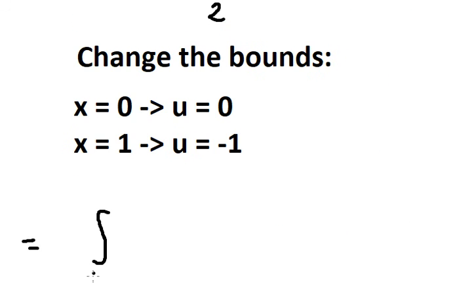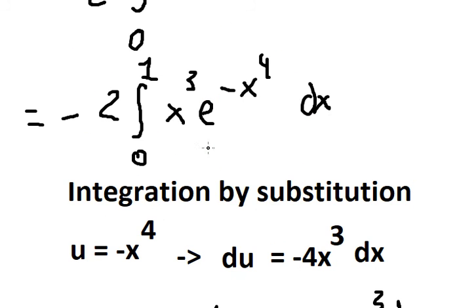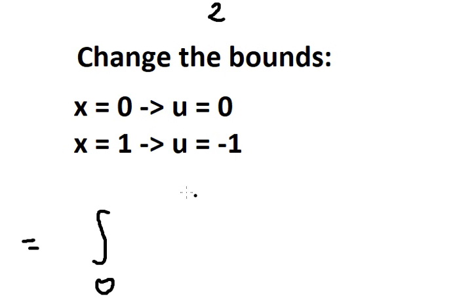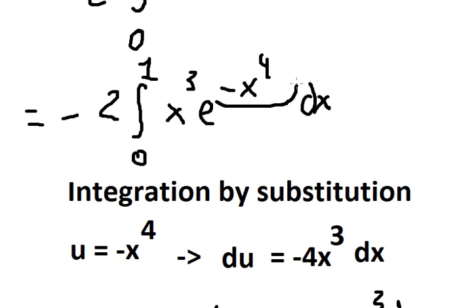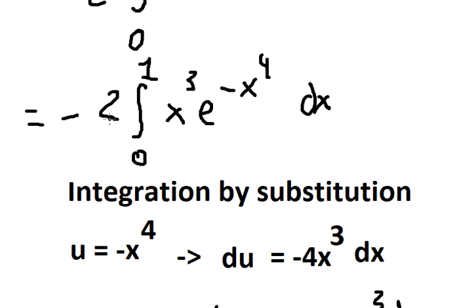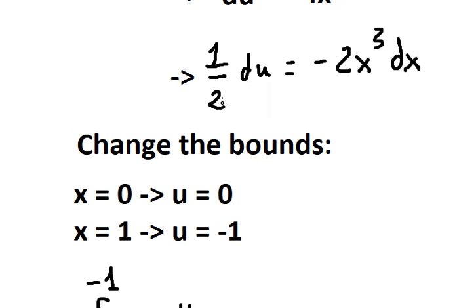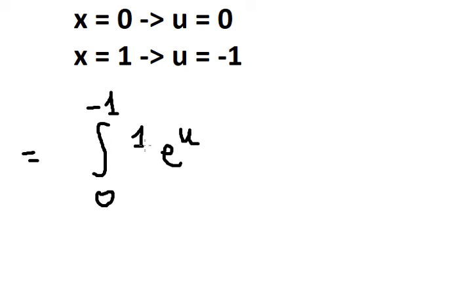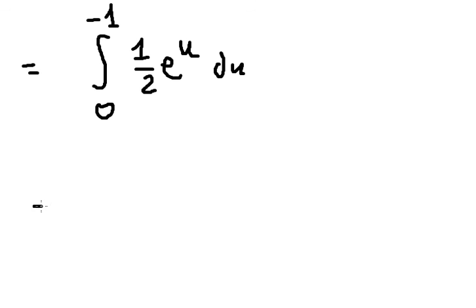Number 0 we keep the same. Number 1 we change by negative number 1. This one we change by u. Negative 2s to the power of 3 ds we change by 1 over 2 du. And now we have like this.